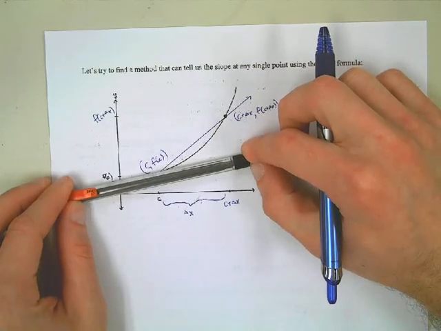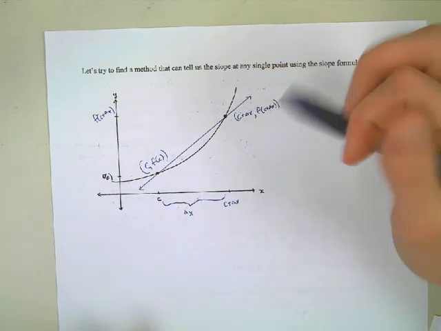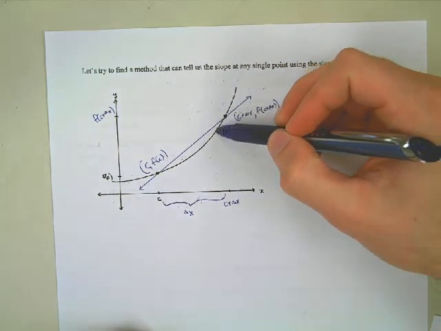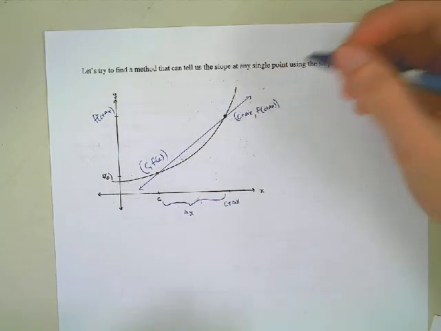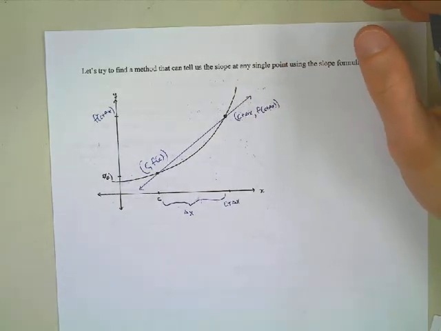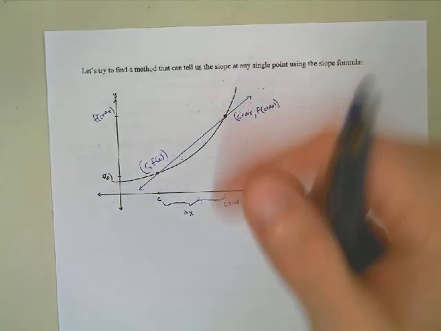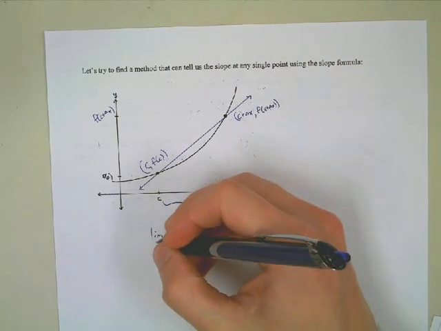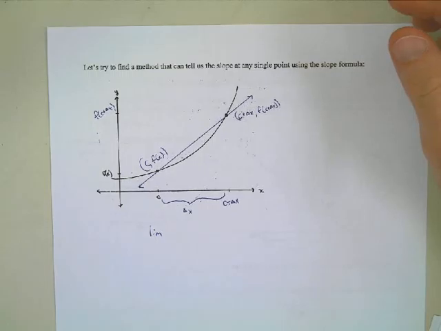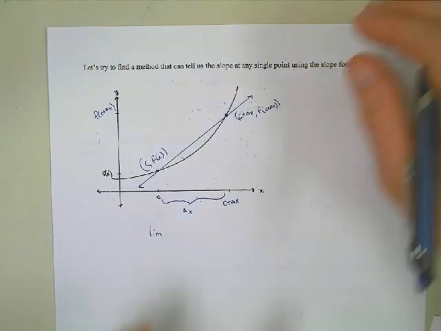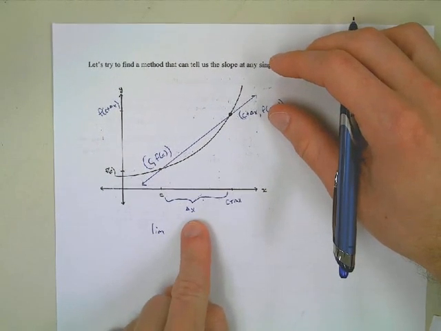Okay? How can I reduce the distance between these 2 points? What concept did we just talk about last unit? A limit. Okay? And so what do we want? We want the limit as what? What do we want to shrink? Well, we want delta x to get small. So what do we want delta x to approach then?